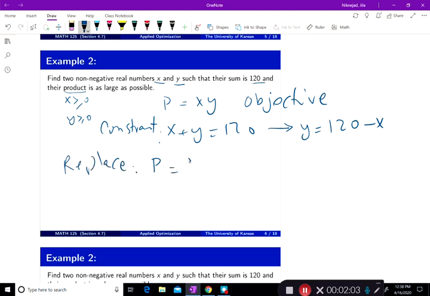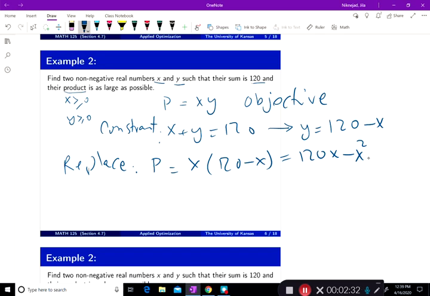And that would be x times 120 minus x. Again, this is going to be quadratic, but we're not using our pre-calculus knowledge from now on. All the way to here, same thing as pre-calculus. From now on, instead of using the vertex of quadratic equation, we use one of the methods that we have.